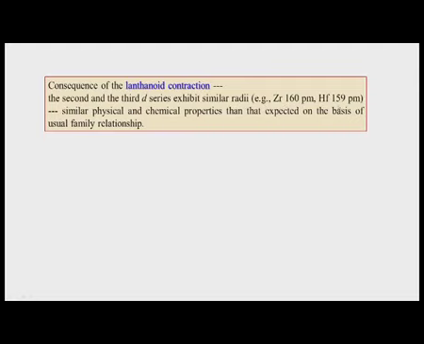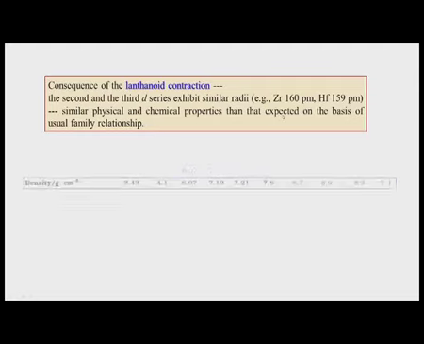So, these two sizes are very similar, as are their chemical and physical properties, as expected on the basis of their family relationship, because they are in the same group. But the problem comes with the separation of the 4d and 5d elements: if some mineral has both of them occurring together, the similarity in size, chemistry and physical properties will not help us much in separating the zirconium and hafnium species.